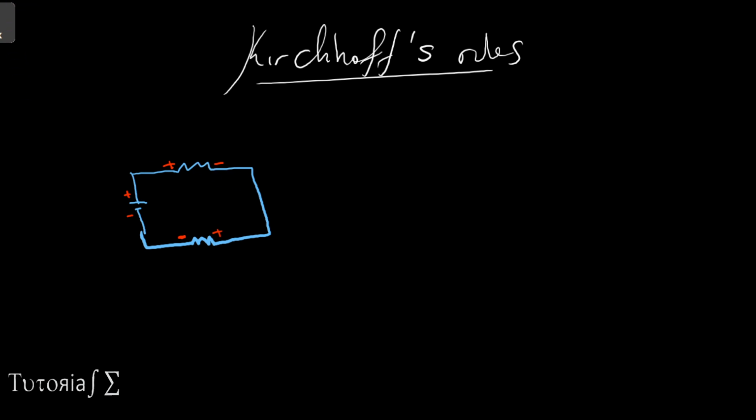Suppose now there was another circuit here, and let's say it has a resistor there, and another resistor there. In this case, this part will be the opposite of this part.